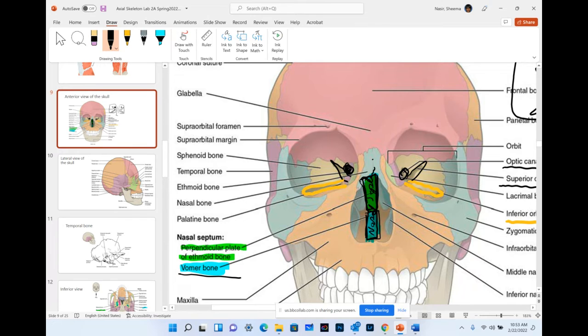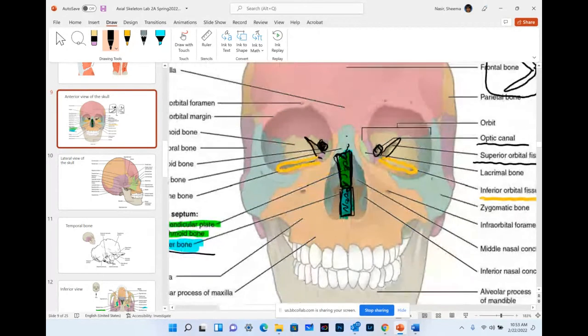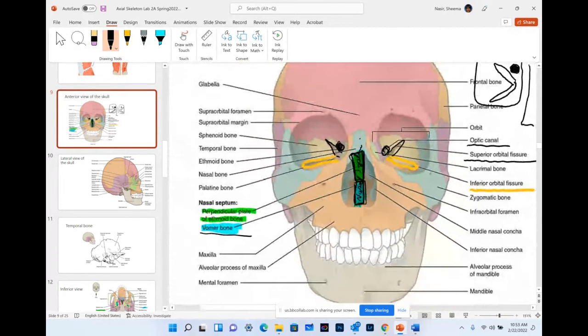Now we are going to look at the facial bones. And the facial bone we are going to look at is this bone right here. See this bone with the teeth?